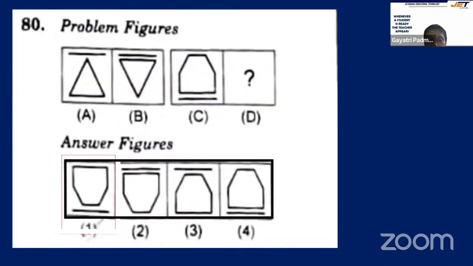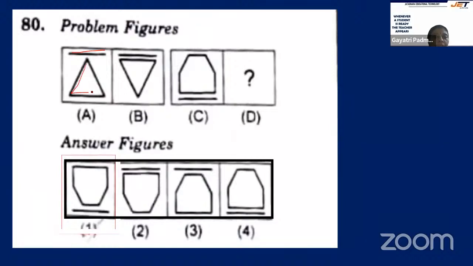Yes, now let's move on to the next question, the 80th one. We have a triangle. And on top of the triangle, we have the sleeping line. That is a line. All right, so now we have a triangle.